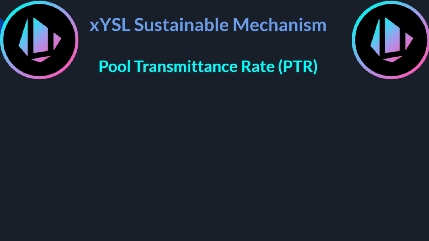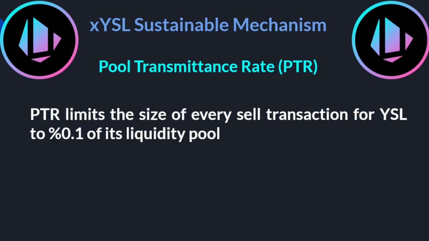The third one is the pool transmittance rate, PTR. PTR limits the size of every sell transaction for xYSL, not YSL, for xYSL to 0.1 of its liquidity pool. So for example, you hold your xYSL for 103 days, and now you want to dump everything, but you have a lot of it.